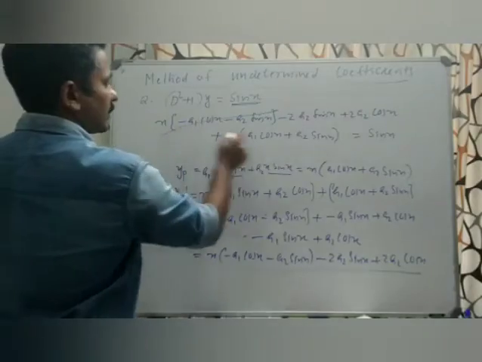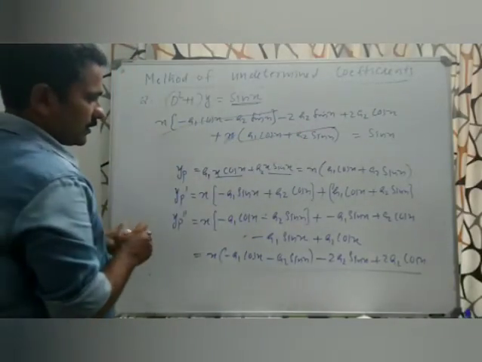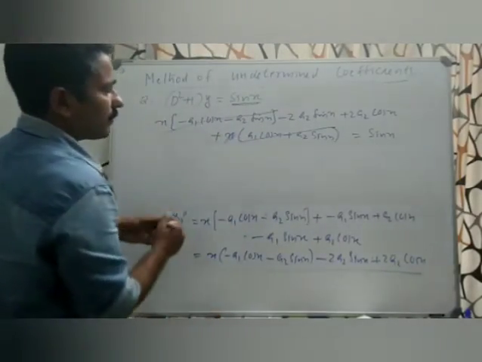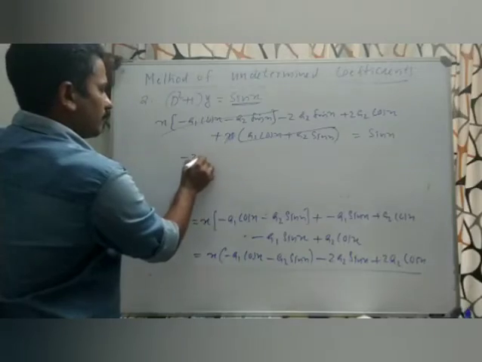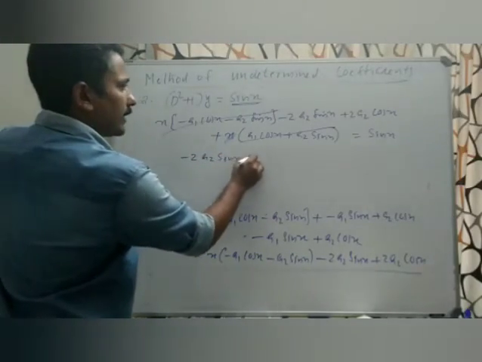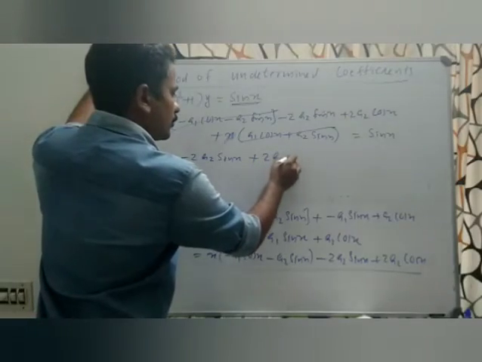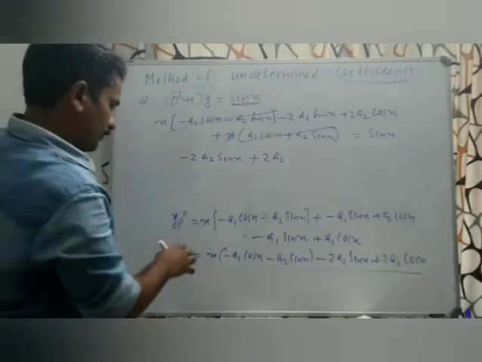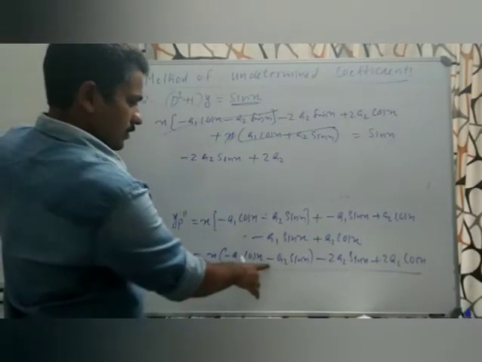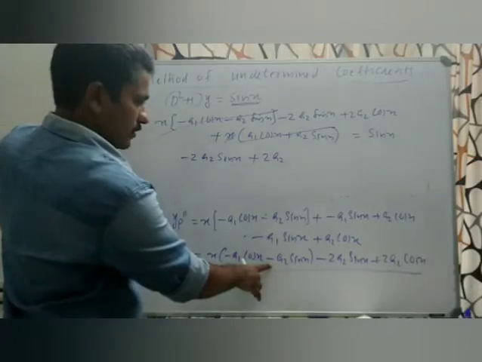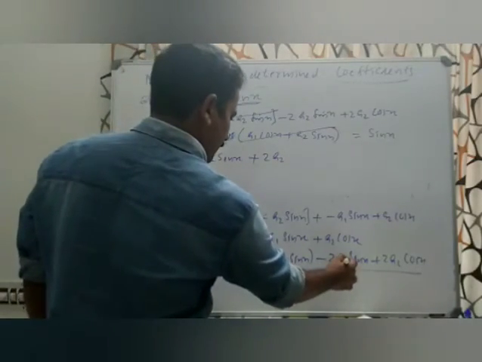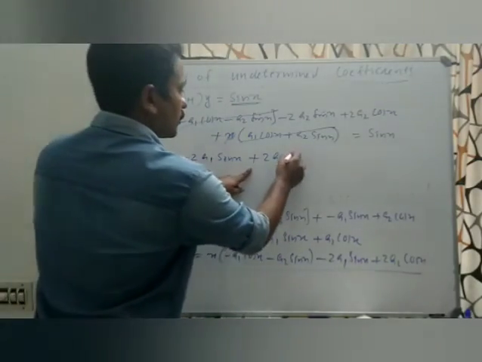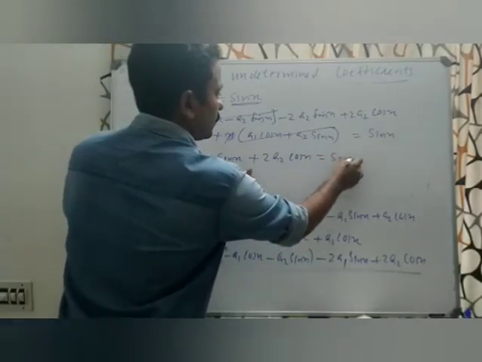So these terms will be cancelled, and you will get minus 2a1 sin x plus 2a2 cos x is equal to sin x.